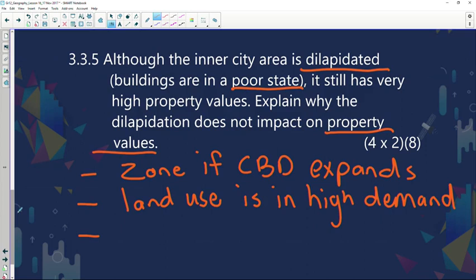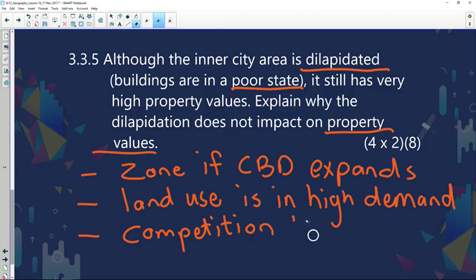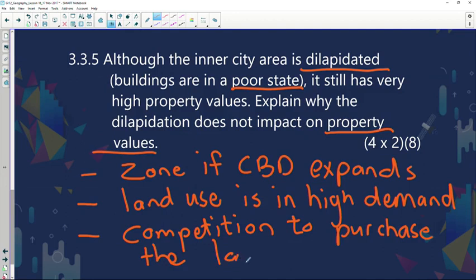Now, another reason why is because of the competition to purchase the land. There's a lot of competition to purchase the land.